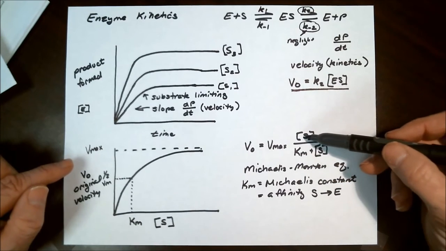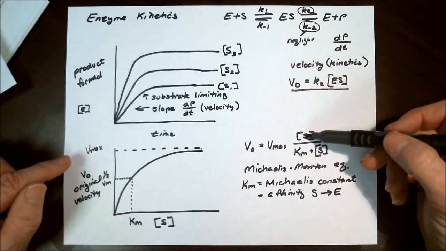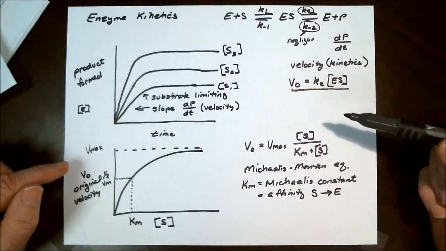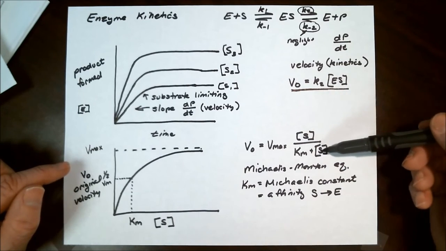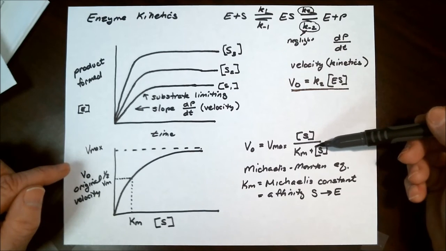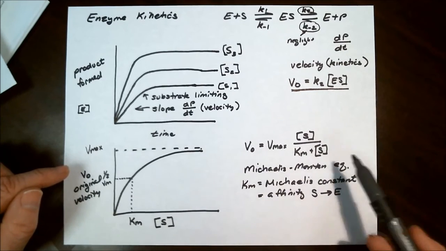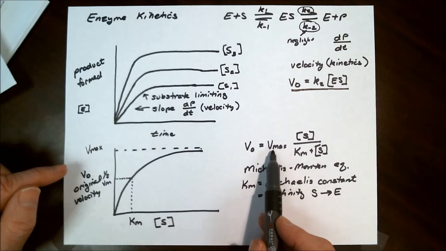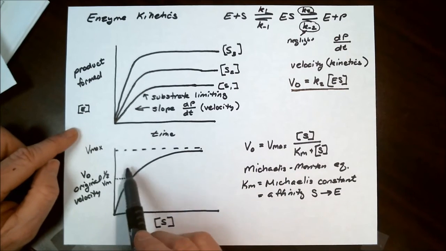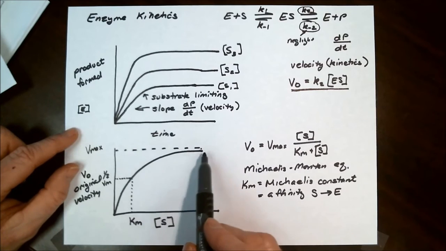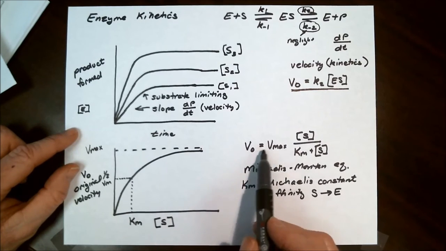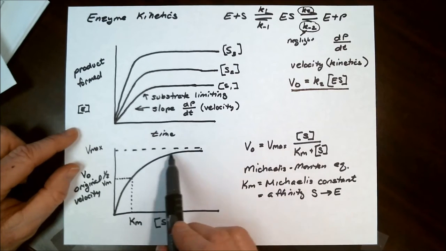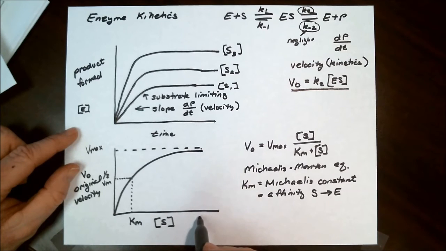In contrast, if we have a very, very large amount of substrate, these numbers of substrate concentration become very large and dilute out the effect of the Km, and that's only a small fraction of Vmax for the original velocity, such that we essentially have Vmax equals V0 out in this region.